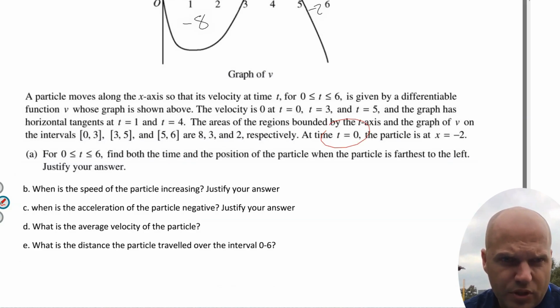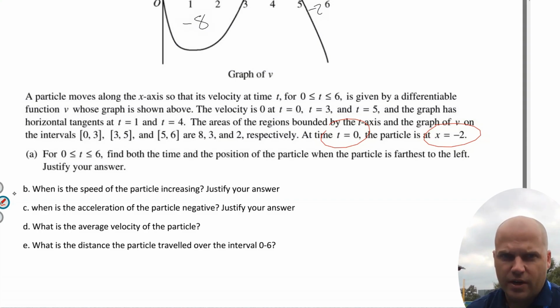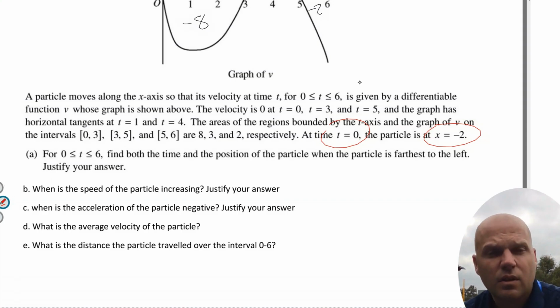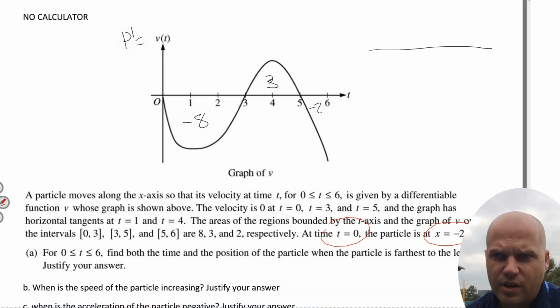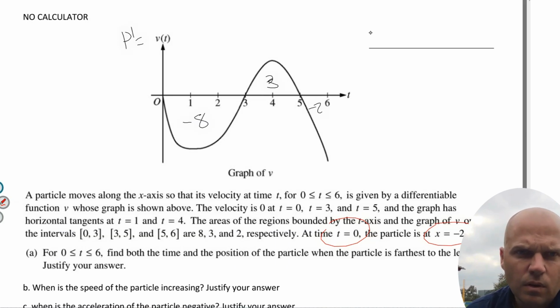Time t equals 0, position is negative 2, so P of 0 is negative 2. That's very important to write down. Let's just do all of our work here, and then we'll write our justification. So we have the idea that my derivative is negative until 3, it's positive until 5, it is negative after 5.